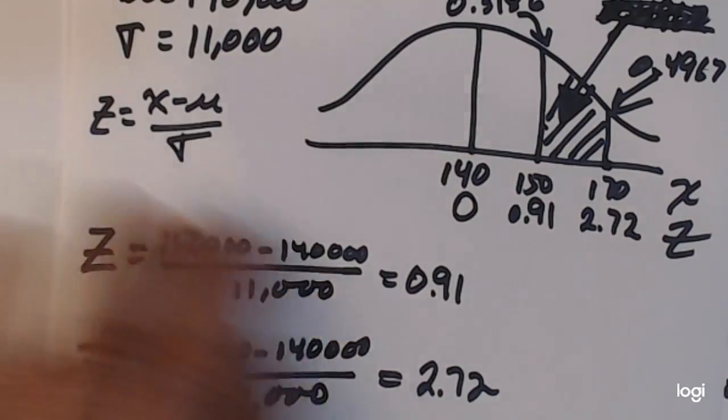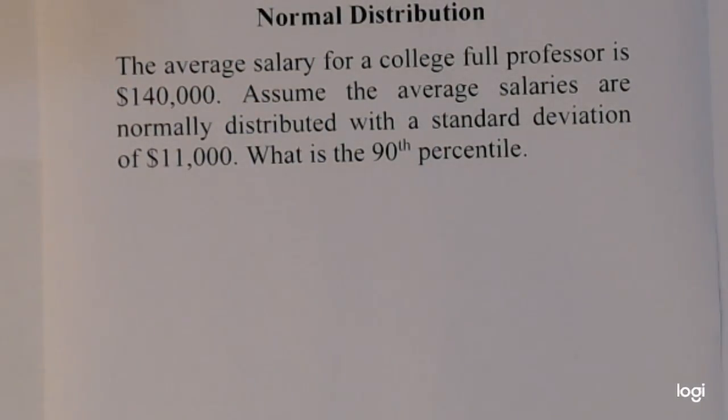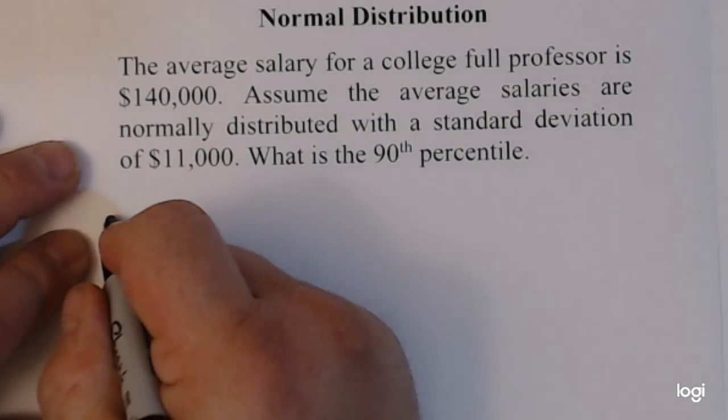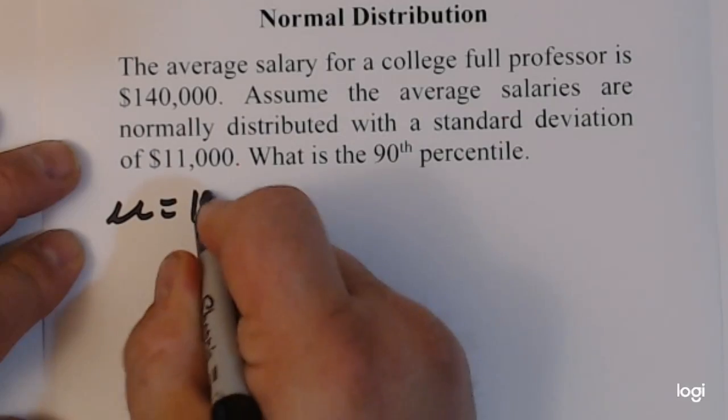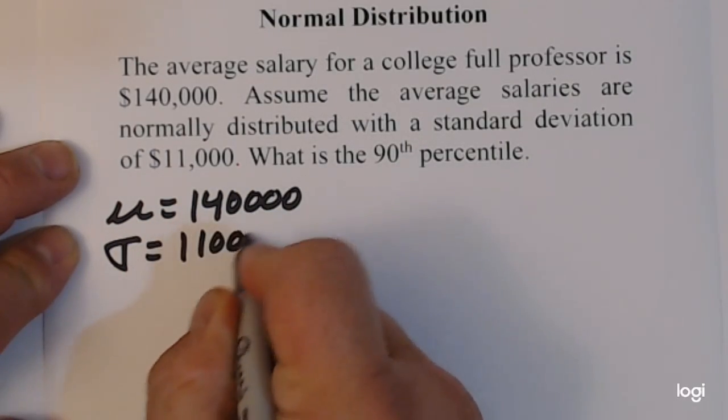So, okay, that's that problem. Two more. Now we want the 90th percentile. So we know that mu is equal to 140,000 and sigma is equal to 11,000.